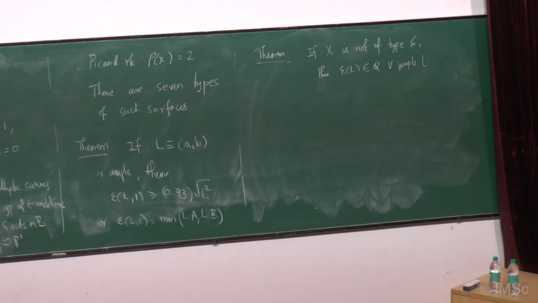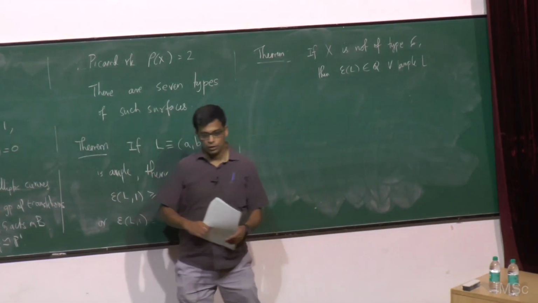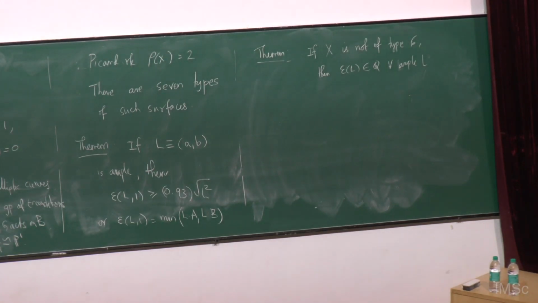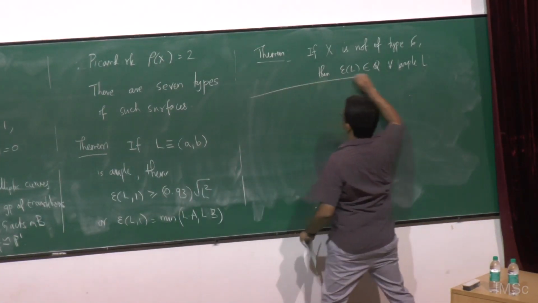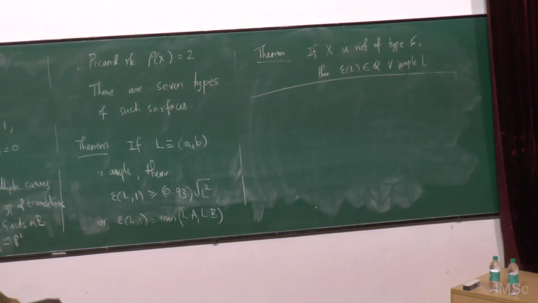If it's not one of those types, then epsilon(L) is in Q, which is related to this question here. People expect that the least Seshadri constant is a rational number. We prove that in all but one of those types. This is an open question which is in fact not known in most cases. It's not known even for blow-ups of P2. But I don't want to spend any more time on this because I want to talk about one more result. So these are some of the results that we proved on hyperelliptic surfaces.